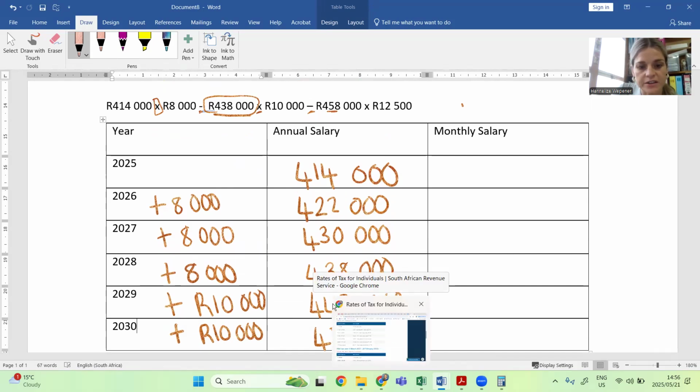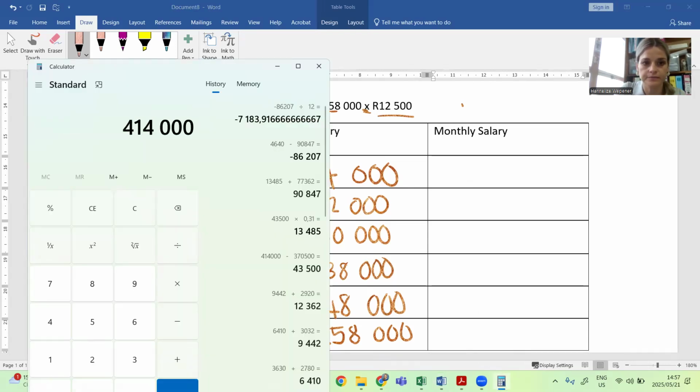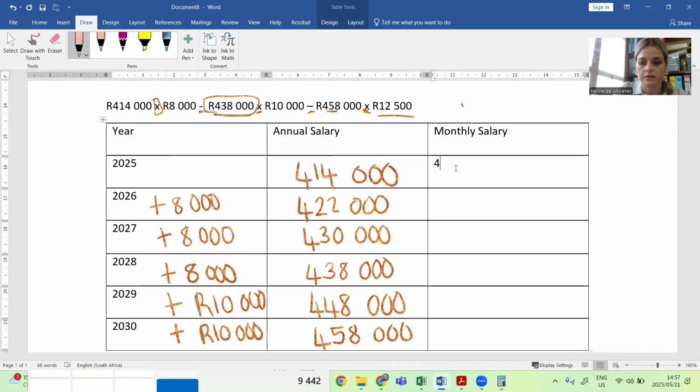Then after 2030, his salary will increase by 12,500 Rand. His monthly earnings is just his annual earnings divided by 12, so 34,500.